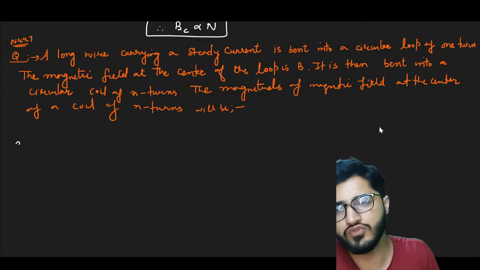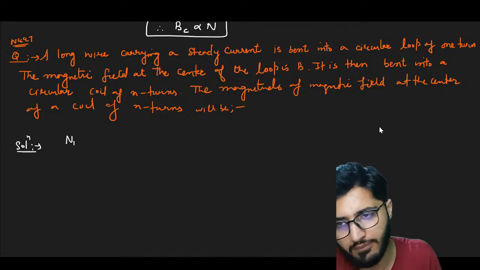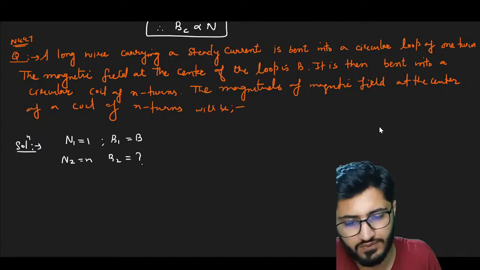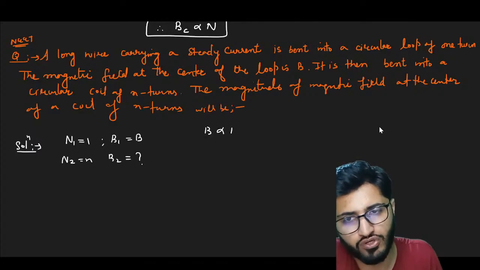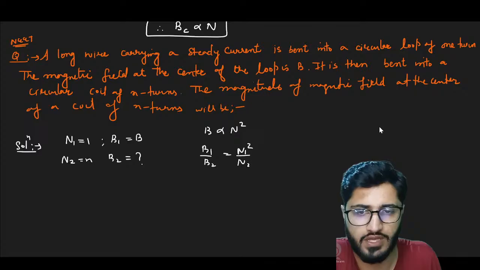Now, how do we need to solve it? When my number of turns is 1, my B1 is B. When my number of turns is N, I need to find B2. We know that B is proportional to N square. So B1 divided by B2 equals N1 square divided by N2 square.